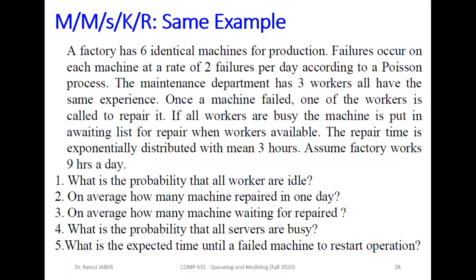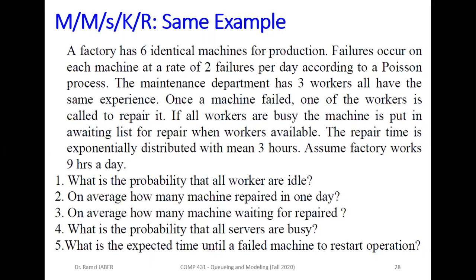All have the same experience, same mu. Once a machine fails, one of the workers is called to repair it. Each machine has 1 worker. If all workers are busy, the machine is put in a queue or waiting list for repair when a worker is available.